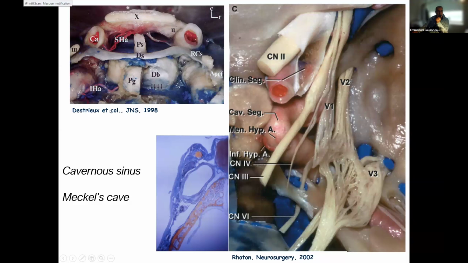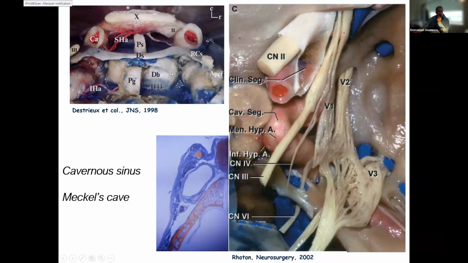I really like this anatomical preparation from the Laboratory of Anatomy of Tours in France. You have here the pituitary fossa, the pituitary gland, and the pituitary gland inside the dural bag. The dural bag was slightly opened up.